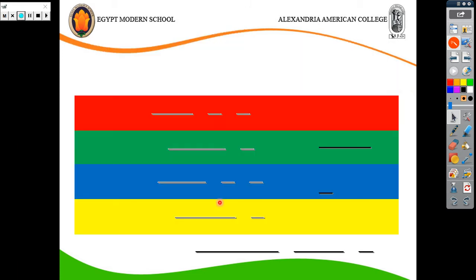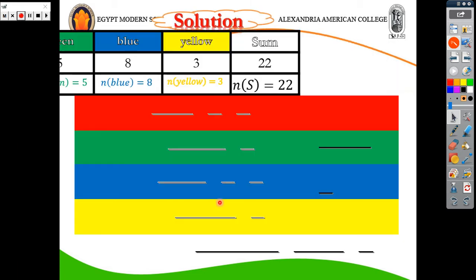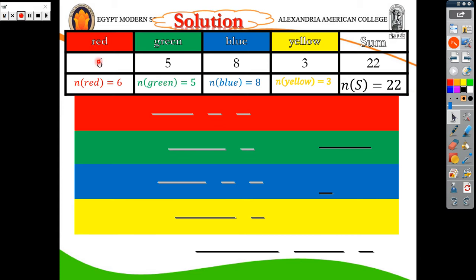Now the solution. We have red 6 balls, green 5, blue 8, yellow 3. The sum of all balls: 6 plus 5 plus 8 plus 3 equals 22. Number of sample space is 22.